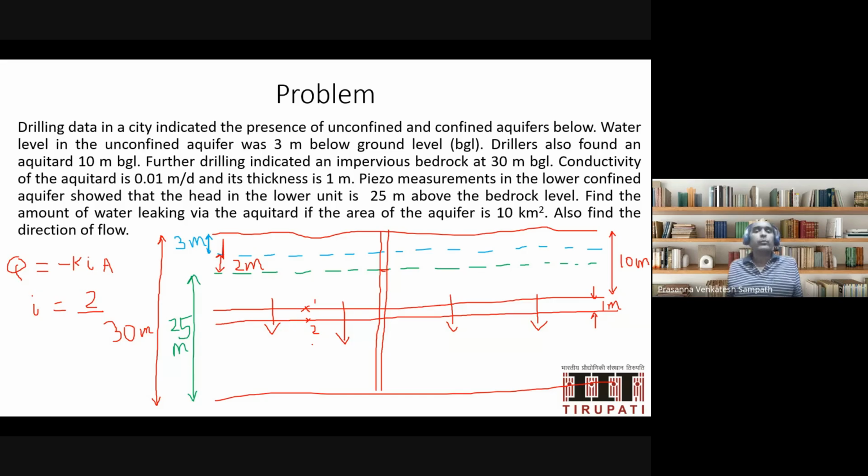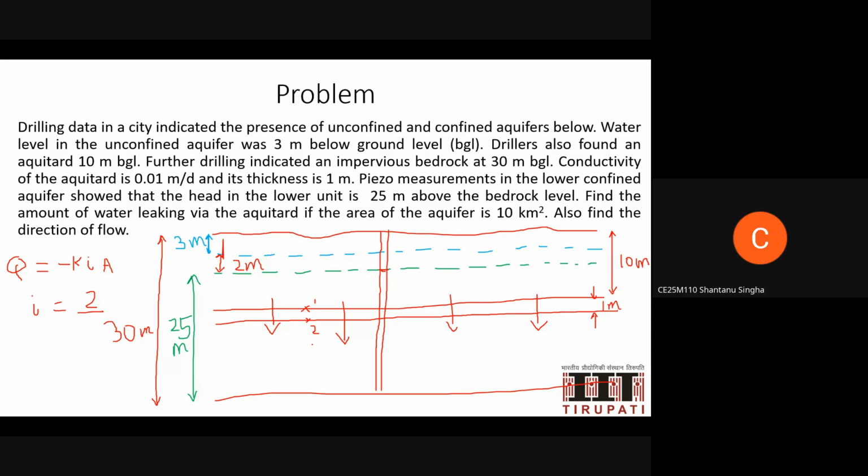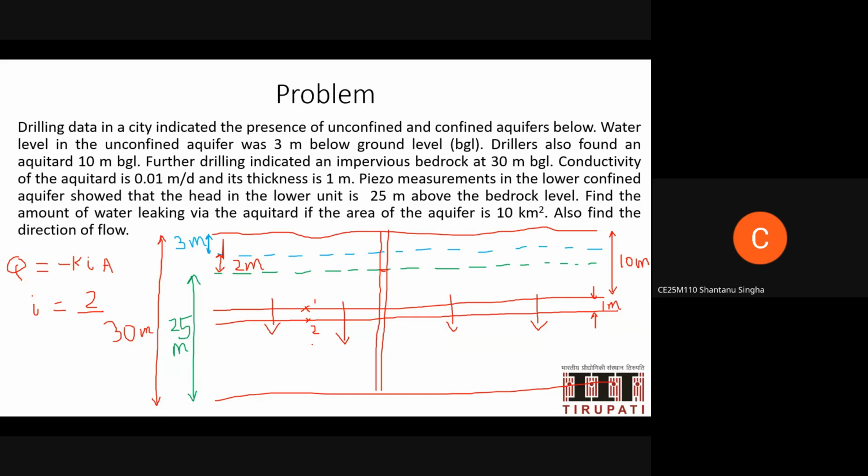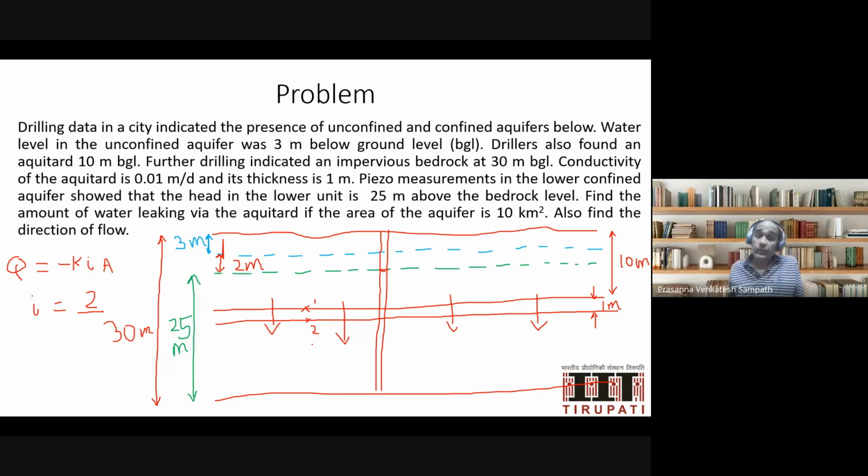The total head at point 1 is the pressure at point 1 plus the elevation of point 1. 27 meters. From the ground level, the blue line? Yes, it is 27 meters from the ground level. That is correct. But the question I'm asking is, what is the pressure at point 1? Point 1 is just at the top of the aquitard.